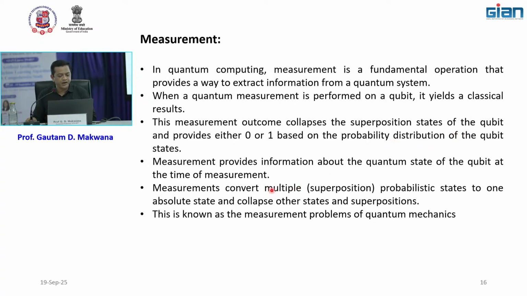The measurement provides information about the quantum state of the qubit at the time of measurement, and converts the multiple superposition probability states to one absolute state. The measurement of the qubit is quite complex as compared to the classical computing measurement of the state. So I will not go into this one.